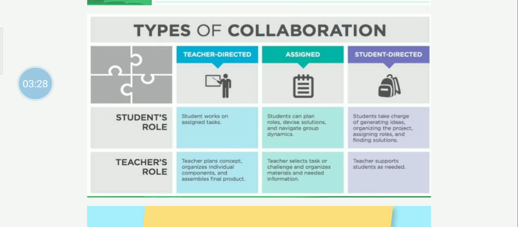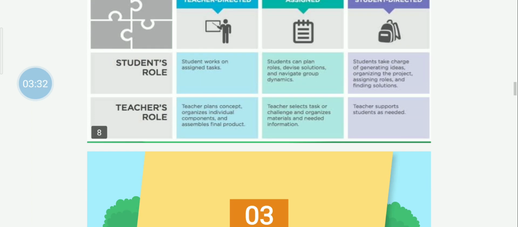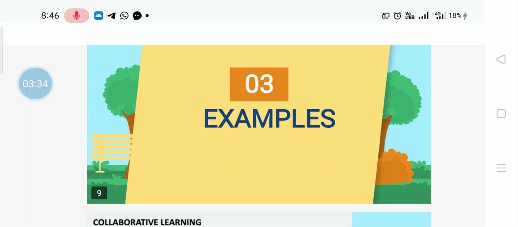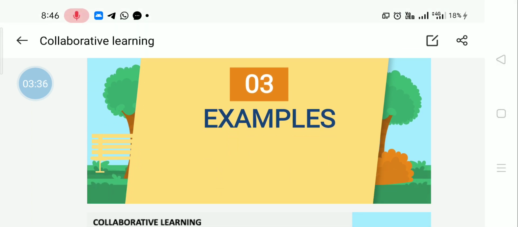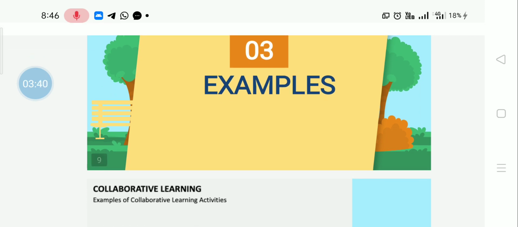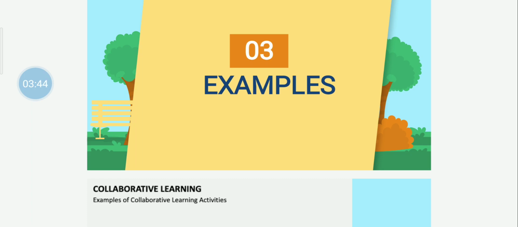In this, teachers' roles and students' roles are most important. For this, we are moving to the examples. In collaborative learning, informal learning groups and the formal learning groups are the example for this.